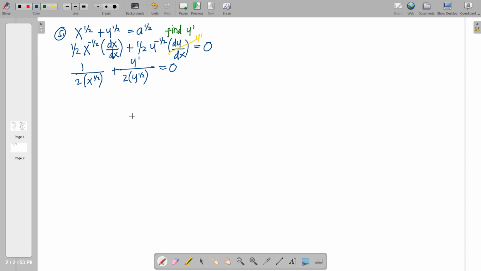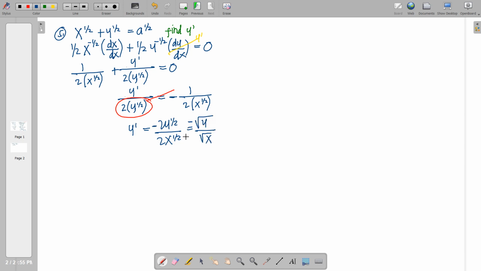And of course, we solve for y prime by transposing first this term to the right side, becomes negative. Then we just cross multiply the denominator to the other side, so it becomes this. And finally, we have negative square root of y all over square root of x for y prime.